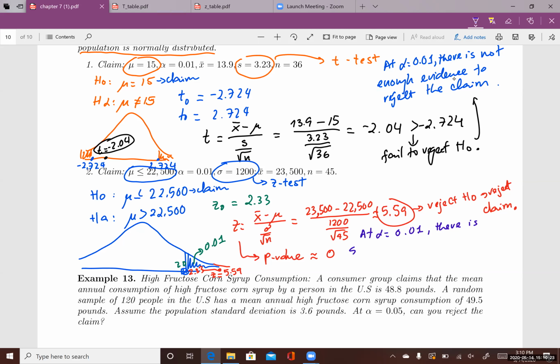There is significant evidence to reject the claim that the mean is at most 22,500.